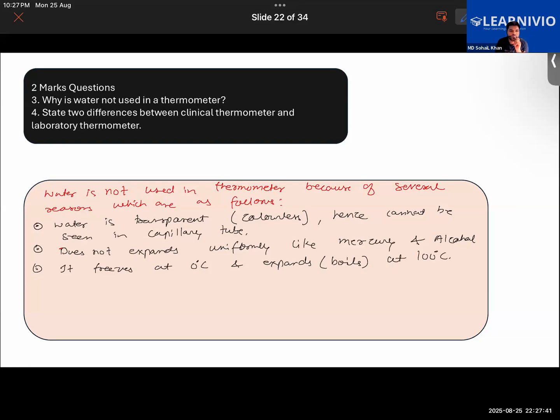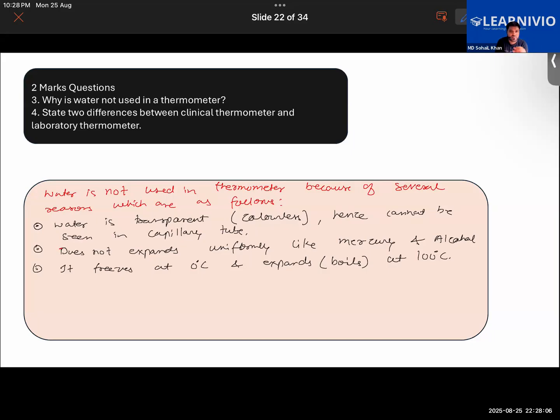Laboratory thermometers do not contain a kink, as it is not necessary to remove it, as we can leave it there and read it. Good. Can you add one more difference between them?